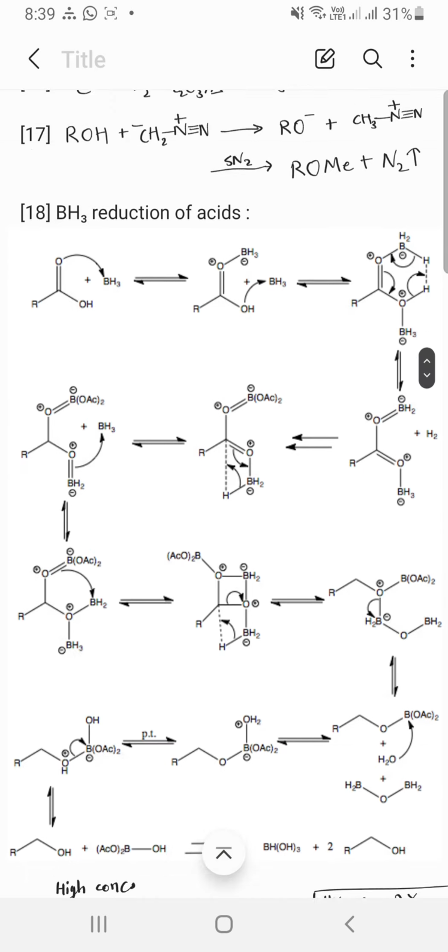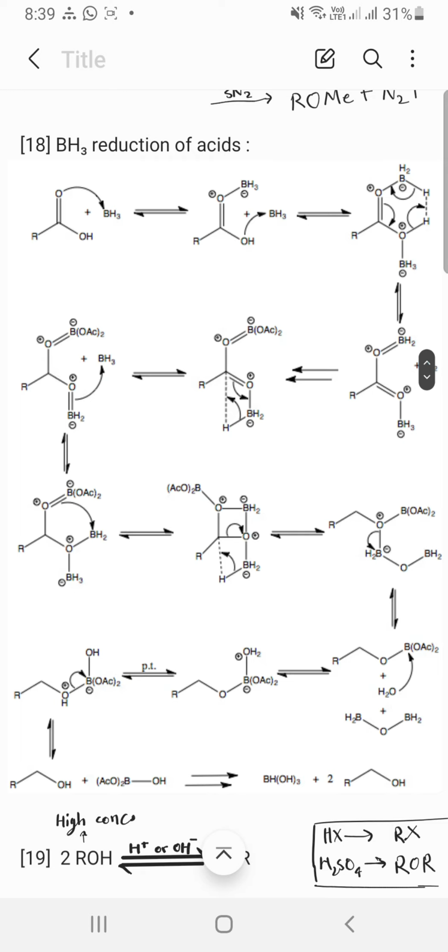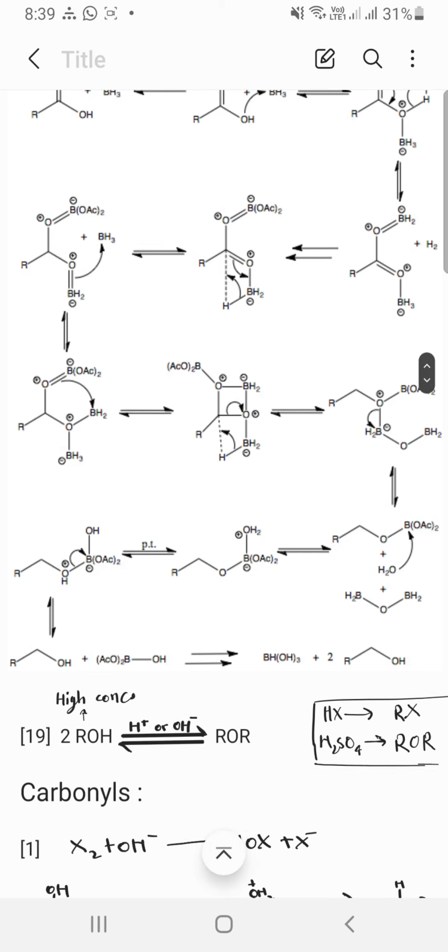Wait a second, where did that one go? Okay, over here. So you need 3 equivalents. Yeah, you exactly need 3 equivalents. Fine.